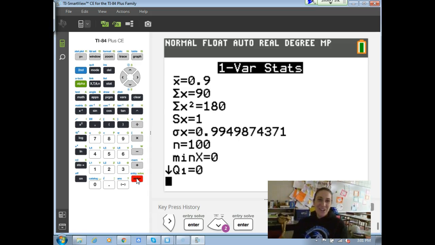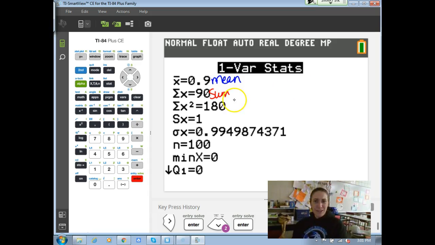There you go. So x bar, that means the mean. You want to write some notes to yourself on what this means. Okay, there's our mean. This sigma, capital sigma, is the sum of all of our entries. And remember how we put in the whole number version of it, it understood that that was out of 100 because the calculator actually added up all the frequencies and can determine the probability decimals.